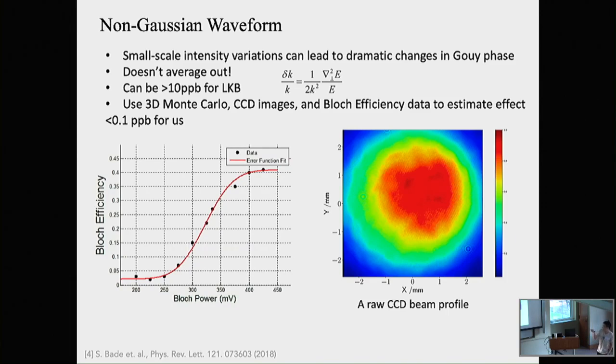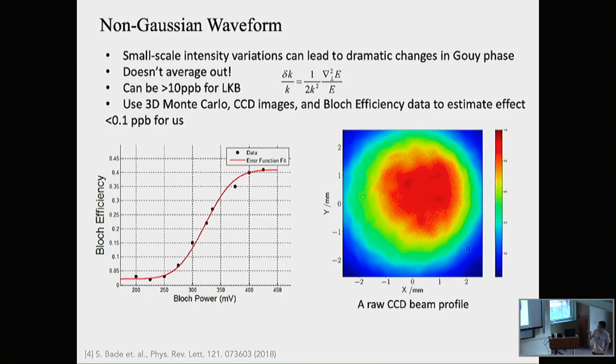We used to believe that this high frequency noise would average out over the atoms, so it would not cause an overall shift. But it turns out that this small scale intensity variation will lead to a big change in the Gouy phase, because at high intensity regions, the atoms are more likely to be kicked by the laser, and at low intensity regions, the atoms have a lower probability to interact with the laser beam. So the overall effect is not 0.